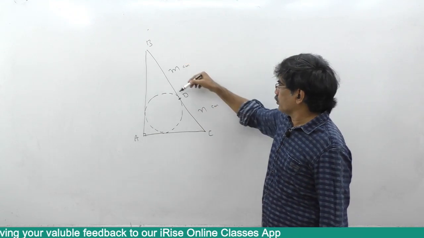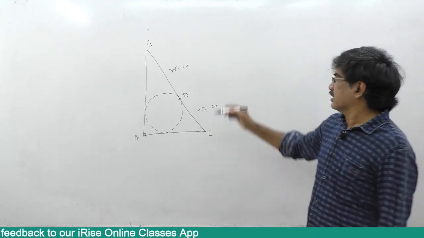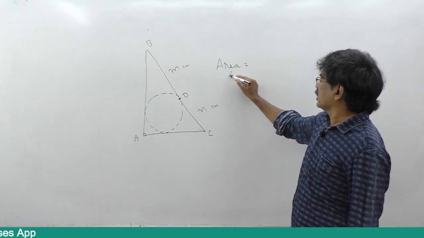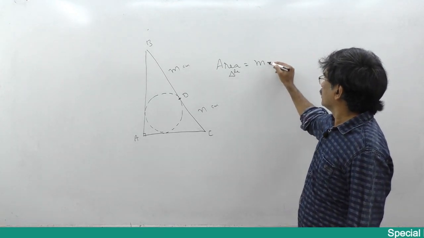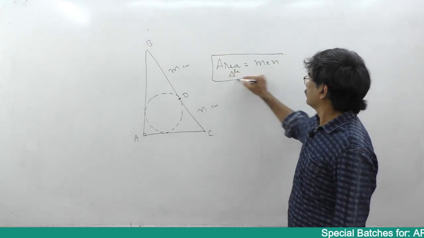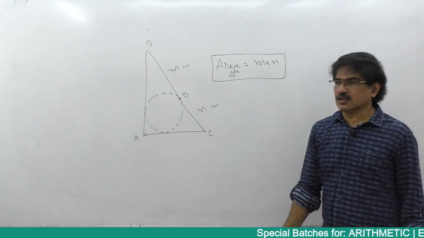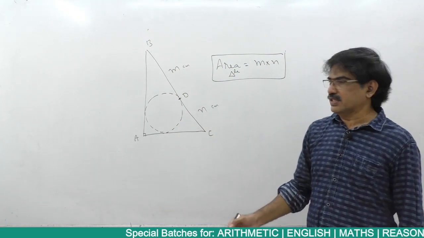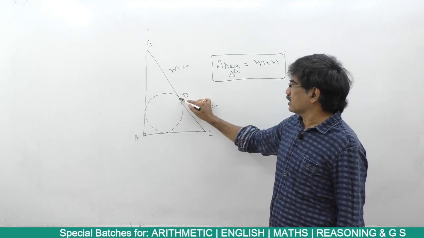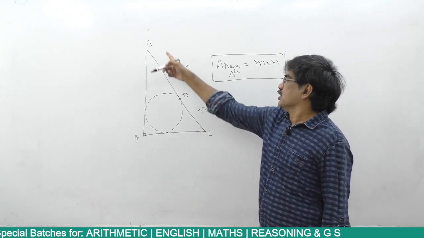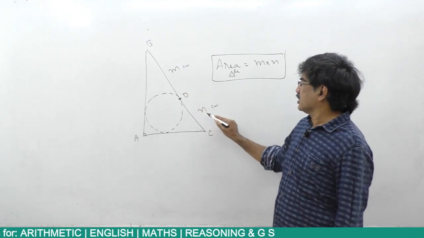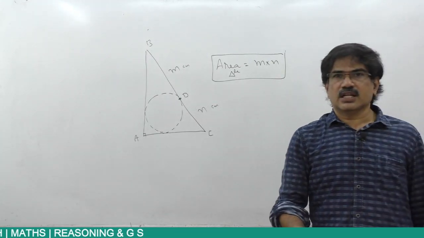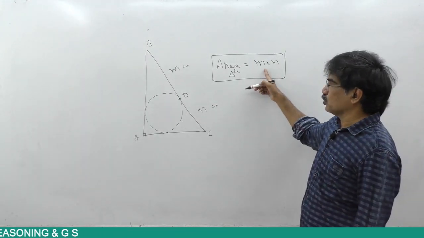So, if you know these two distances, then the area of the triangle is equal to M into N. In a right angle triangle ABC, if the incircle touches the hypotenuse at D such that BD is equal to M centimeters, DC is equal to N centimeters, then the area of the triangle is equal to M into N.